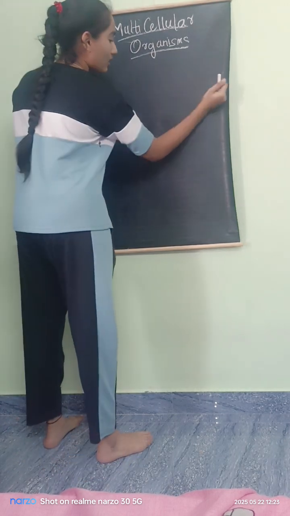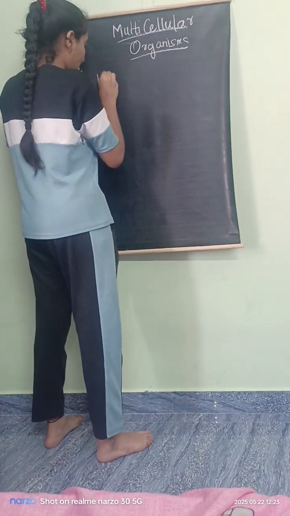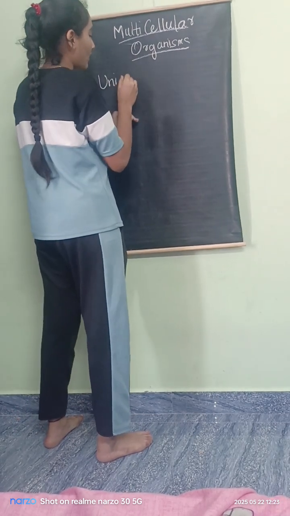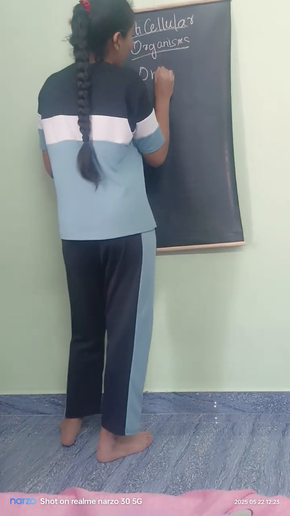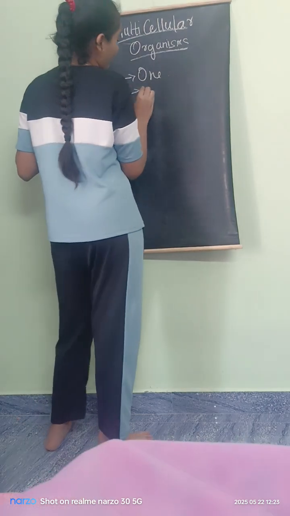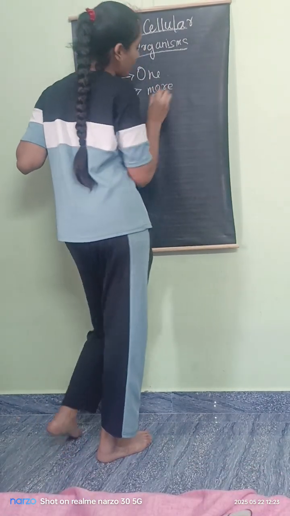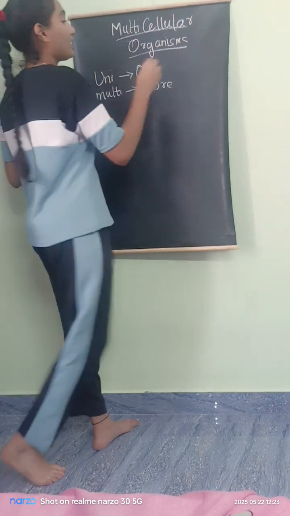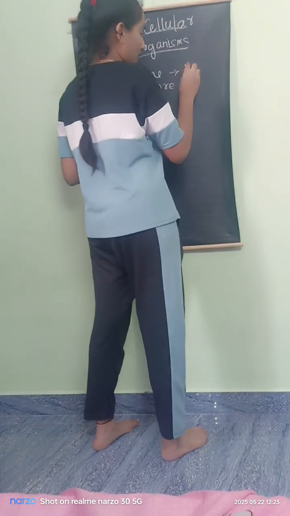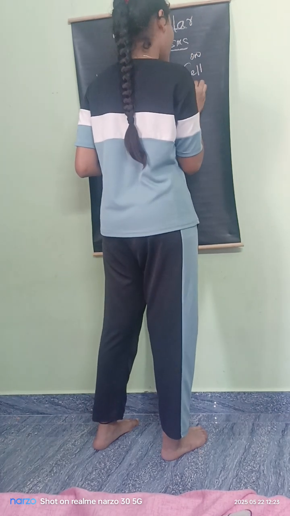What did we discuss about uni? It means one. But here, multi means more, which means more than one. Unicellular means only one cell; here, more cells.